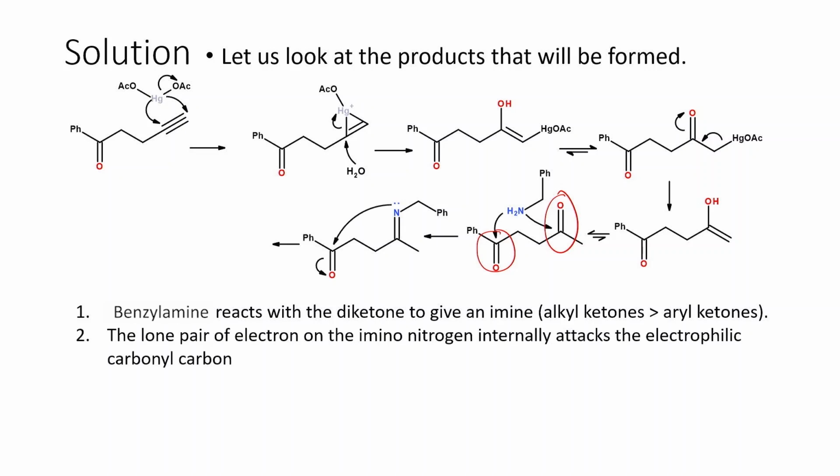This particular acetyl carbonyl is the one which reacts with the benzyl amine to give the imine derivative, and this now can attack internally the electrophilic carbonyl carbon. That leads to the cyclization reaction.